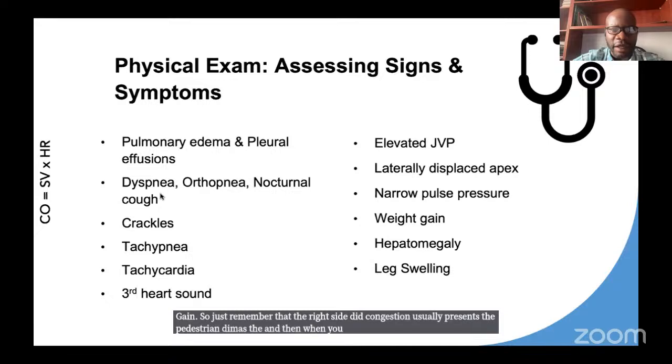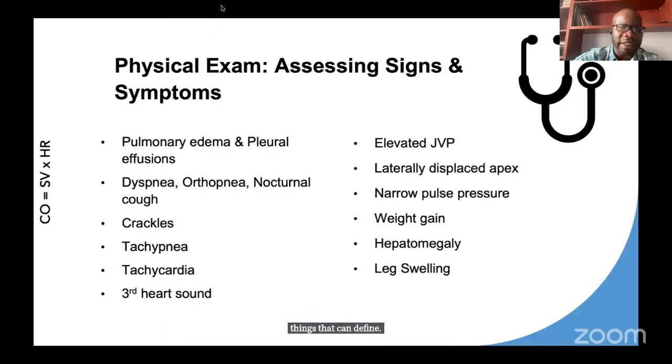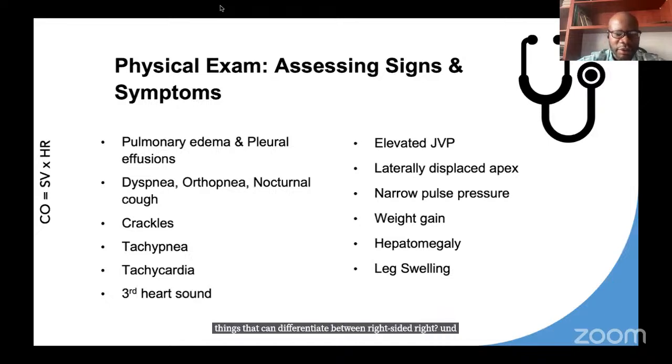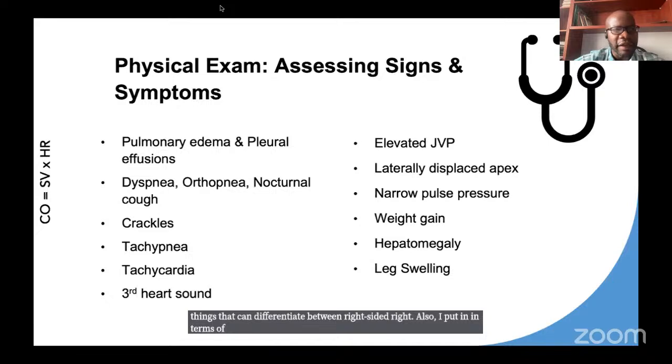And when you have left-sided congestion, it usually presents with pulmonary signs and symptoms of cardiac failure, and that could be one of the things that can differentiate between right ventricular failure and left ventricular failure. Also important in terms of the evaluation of the patients. Next slide.